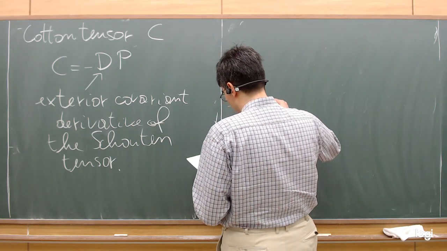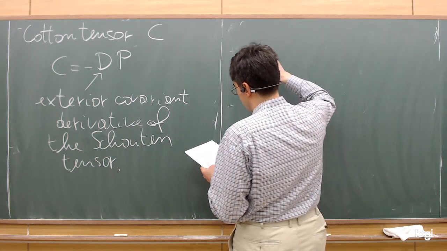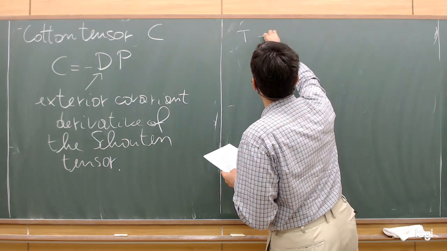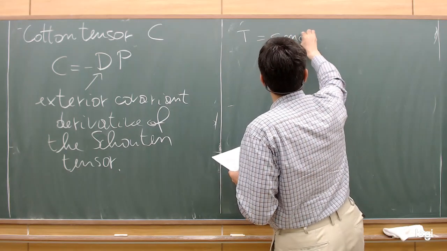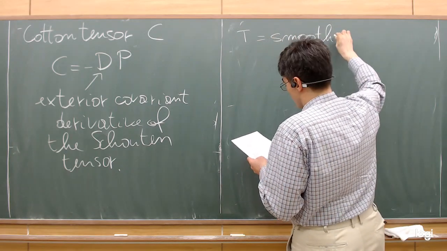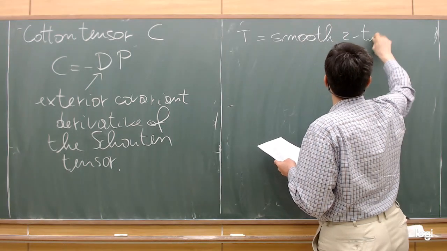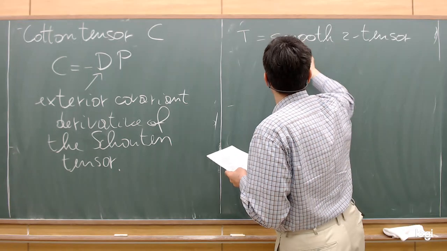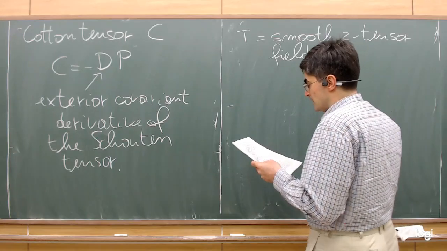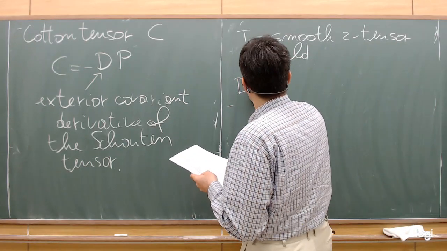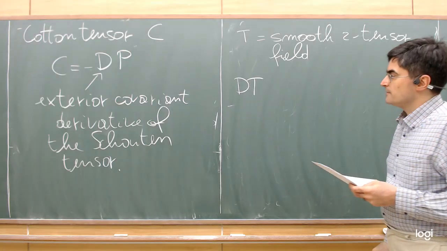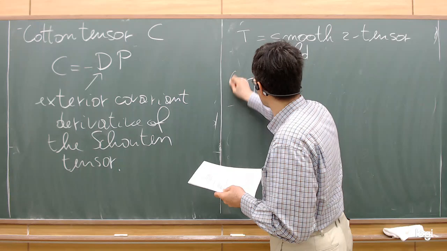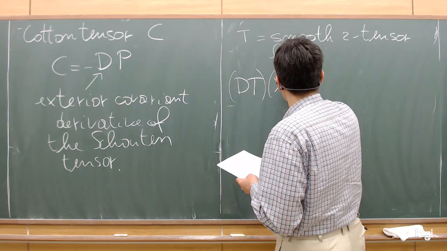If you have a tensor T, smooth two tensor fields, then the exterior covariant derivative of T is a 3 tensor defined this way.